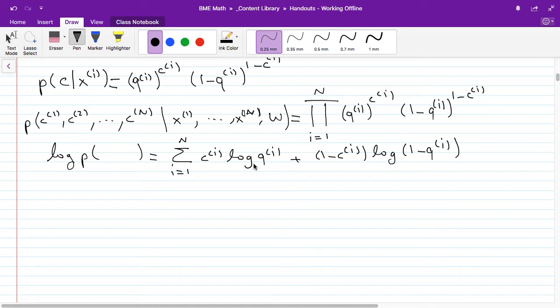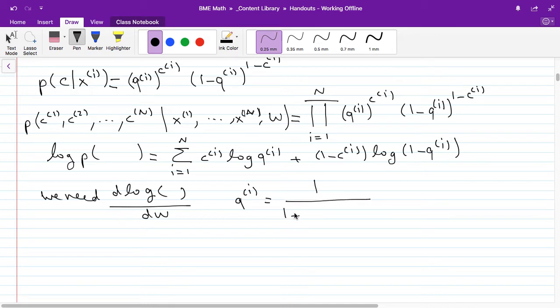Now what we want to know is, how do we maximize this likelihood in terms of the parameter w? So what we need to do is find the derivative of this log with respect to w, where q_i is the posterior probability.